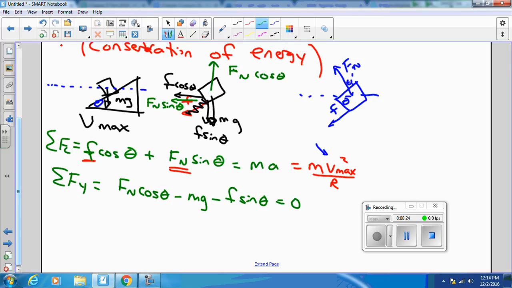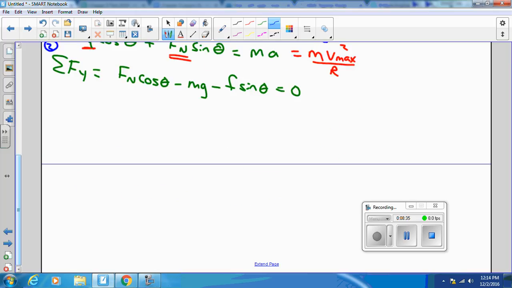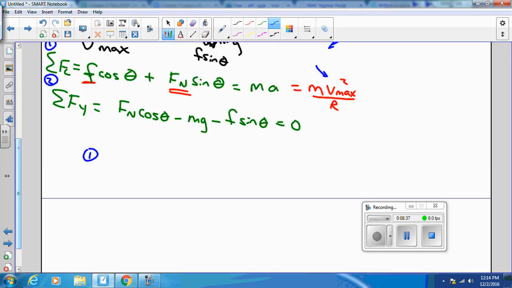So I'm going to replace friction with what it is in both equations. Let me label my equations as 1 and 2 so we don't get lost. Equation number 1, when I replace friction with mu times the normal, gives me mu times Fn times cosine theta plus Fn sine theta is equal to m Vmax squared over r.